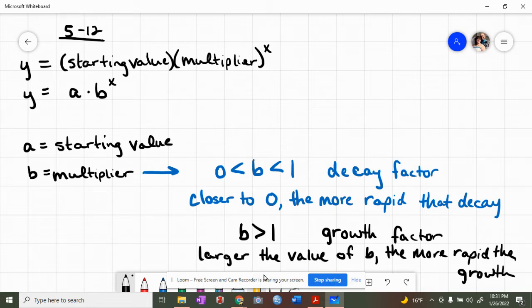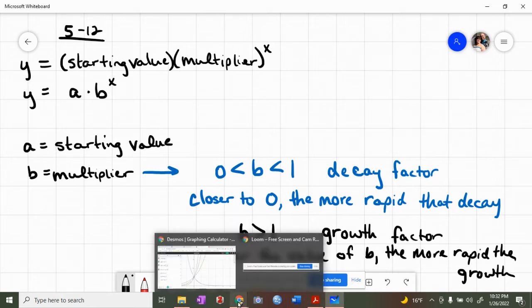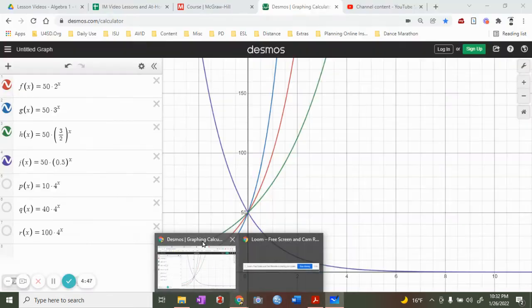Okay? The closer to 1, either a decay factor or a growth factor we have, the closer to 1 that value is, the less intense that decay or that growth. It's a more slow progression. Okay? Keep that in mind as we look at additional questions.